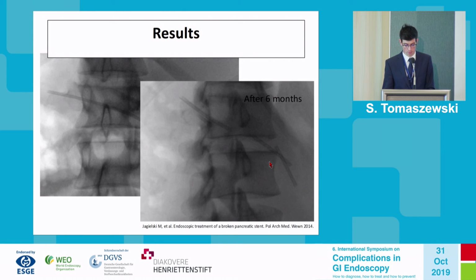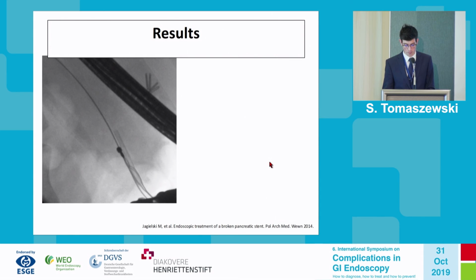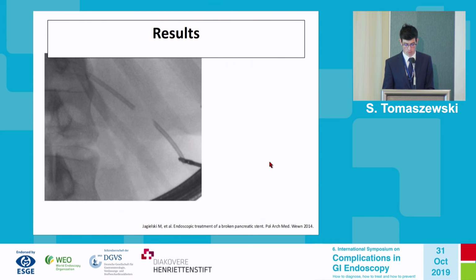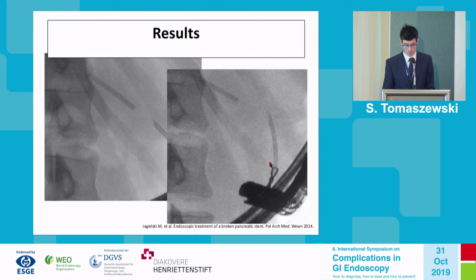And the last patient is a patient with pancreatic duct disruption. After 6 months of the prosthesis being in the pancreatic duct, there was a 4 fragment fracture. 1 fragment was retrieved spontaneously, 1 fragment was retrieved with a Dormia basket, and 2 with a rat tooth forceps.